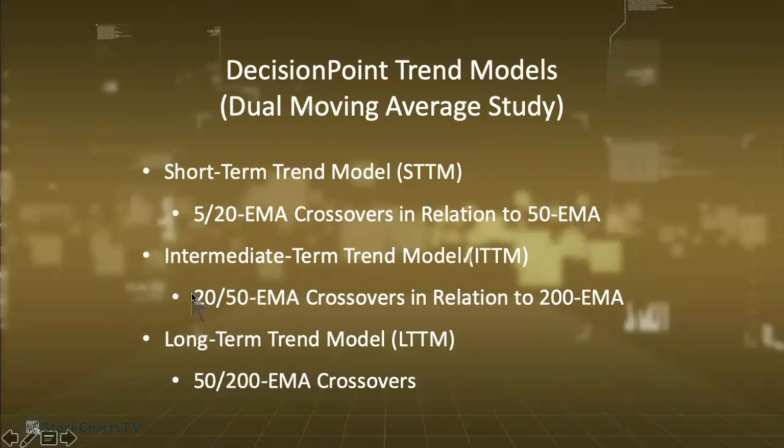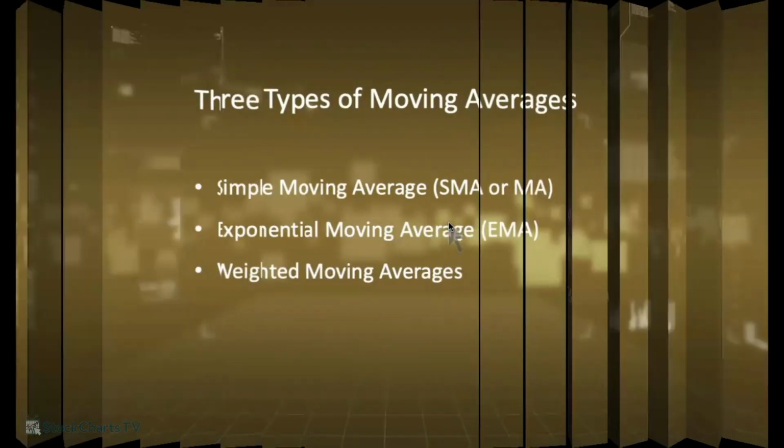Intermediate-term trend models, same thing, 20 and 50 EMA, but we use that in relation to the 200-day EMA. So if a 20-50-day negative crossover occurs above, it's a neutral. If it occurs below, then it's a sell. Long-term trend model, all we are looking at are the 50 and 200-day EMA crossovers.